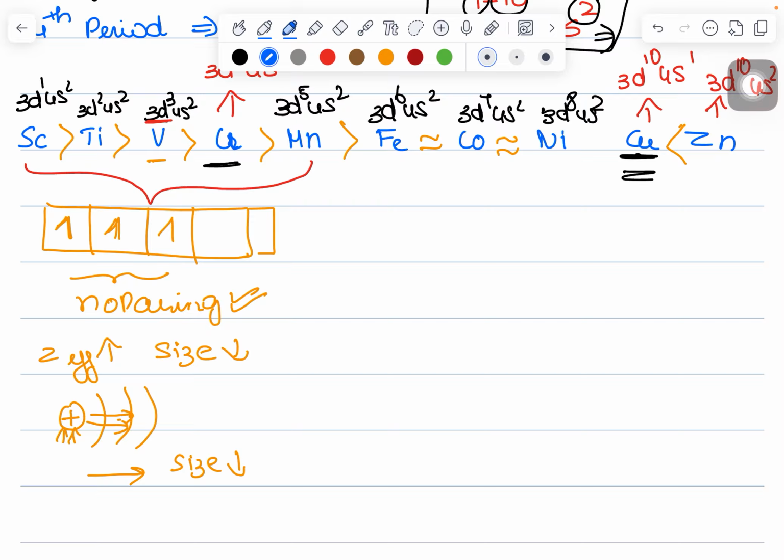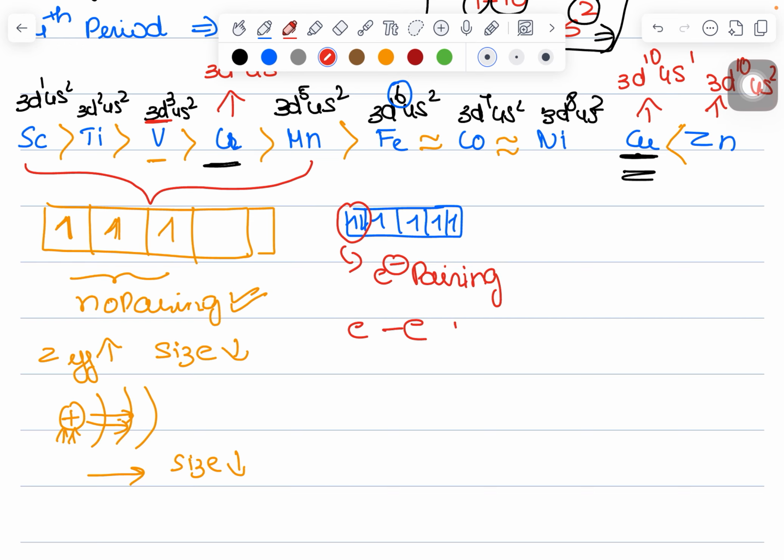That is for scandium to manganese. Now iron, cobalt, nickel. Here, in 3d6, we have electron pairing. When the new electron appears, there is electron repulsion.